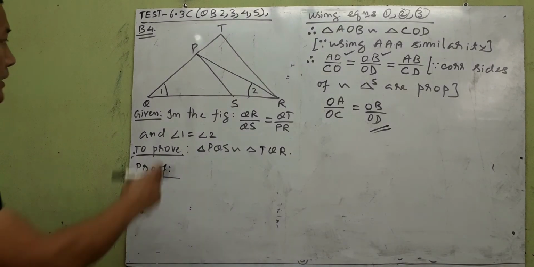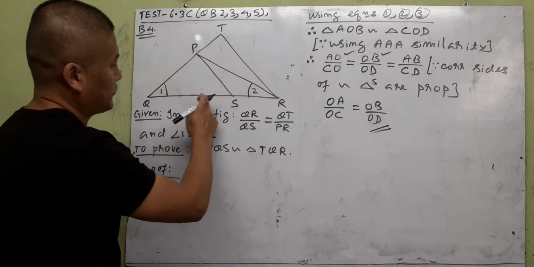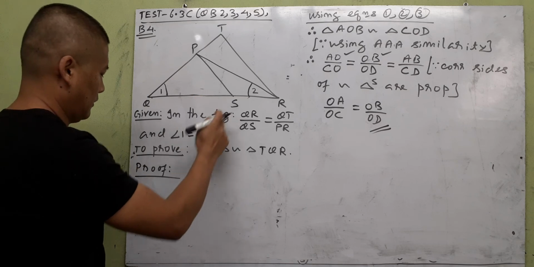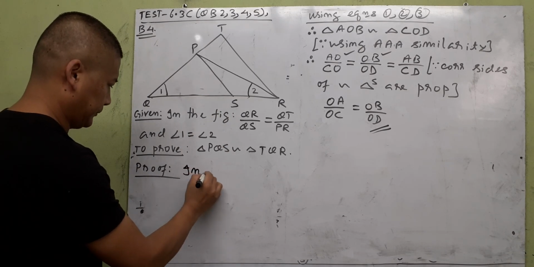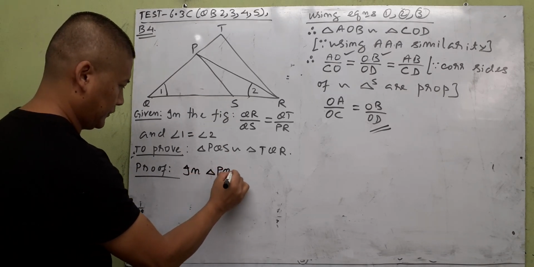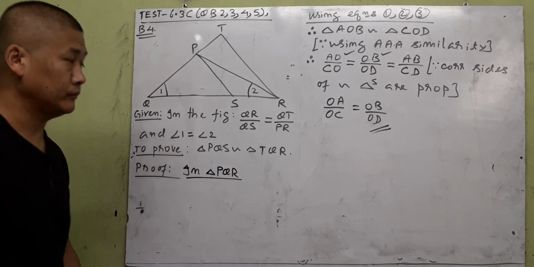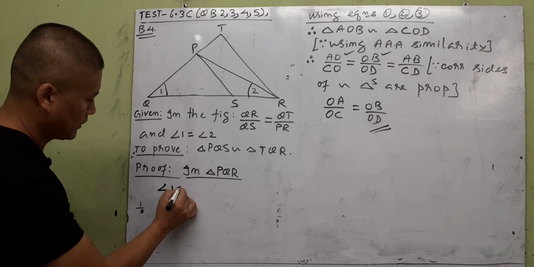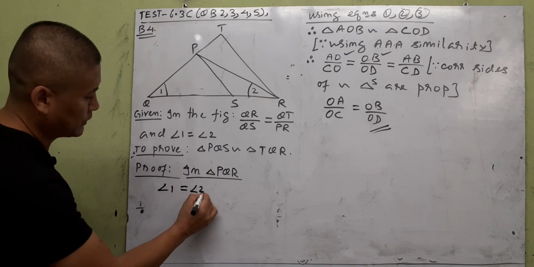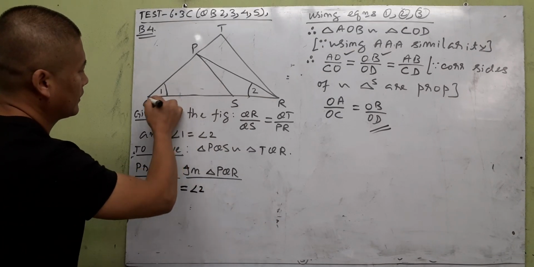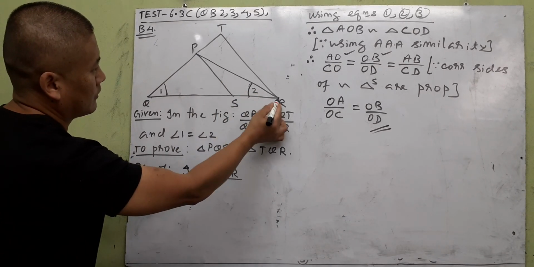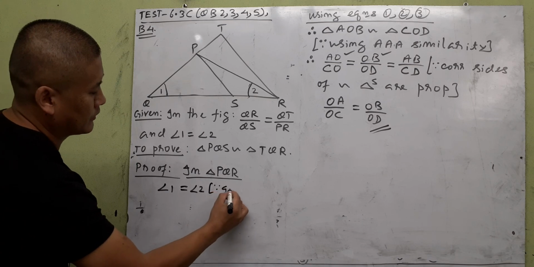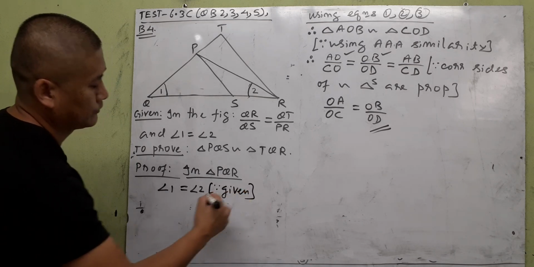Now let us take this triangle here, PQR. Let me trace it once for your sake. This one, PQR. So in triangle PQR, here we see angle 1 inside this triangle PQR is equal to angle 2, which is also inside PQR, this angle PRQ, which is mentioned as 2, because it is already given in the question, right?